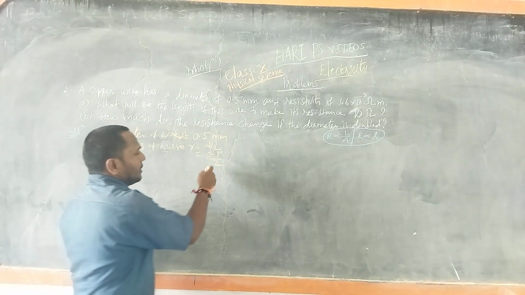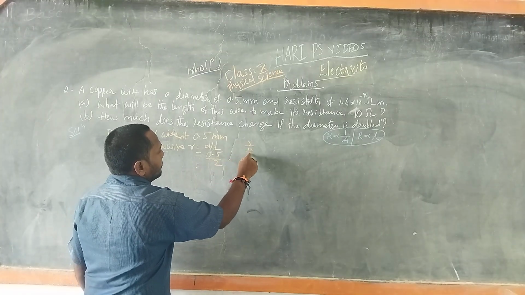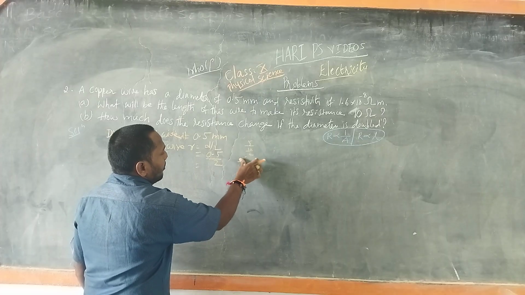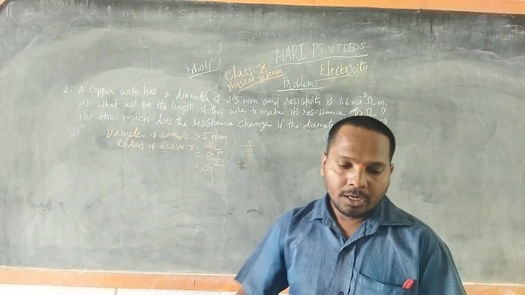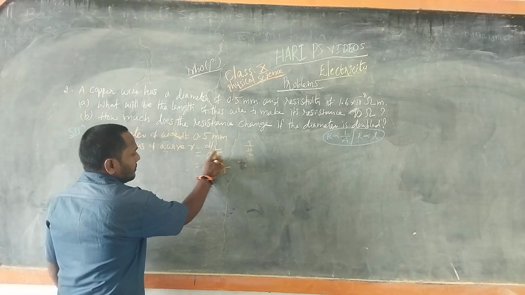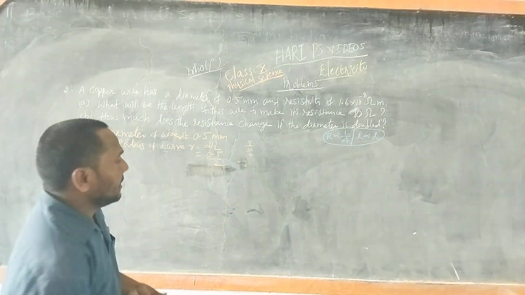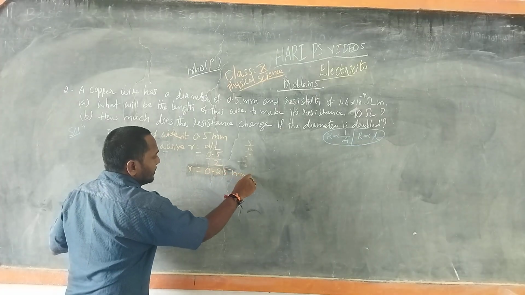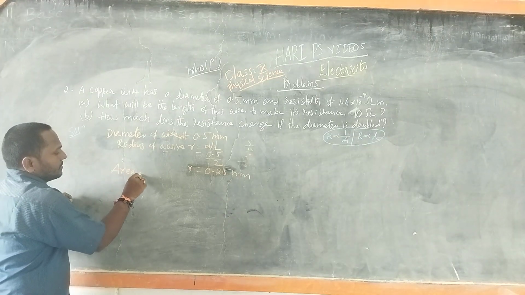So the radius is equal to 0.25 millimeter. So r is equal to 0.25 millimeter.